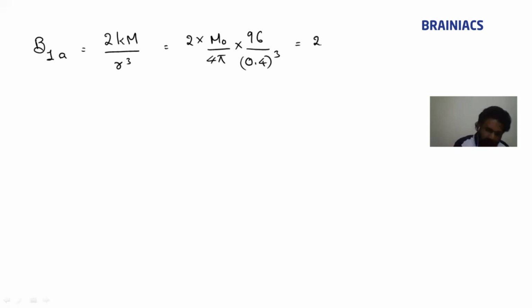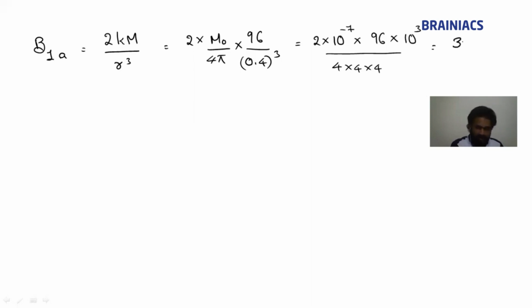So this is 2 into 10 raised to minus 7 into 96, and I shall write the denominator as 4 into 4 into 4. This will become 10 raised to minus 3, that I shall put here. If I solve this, I will be getting 3 into 10 raised to minus 4 Tesla.